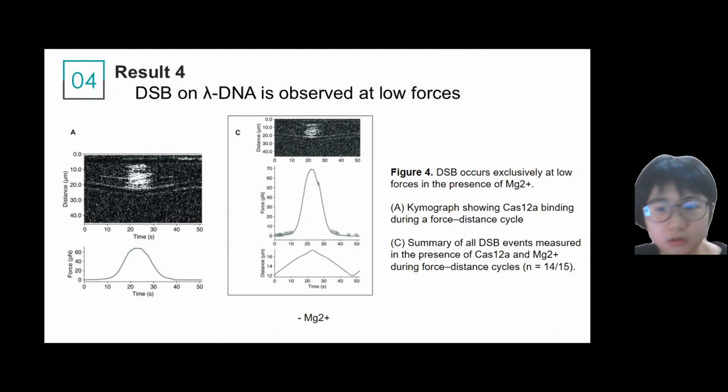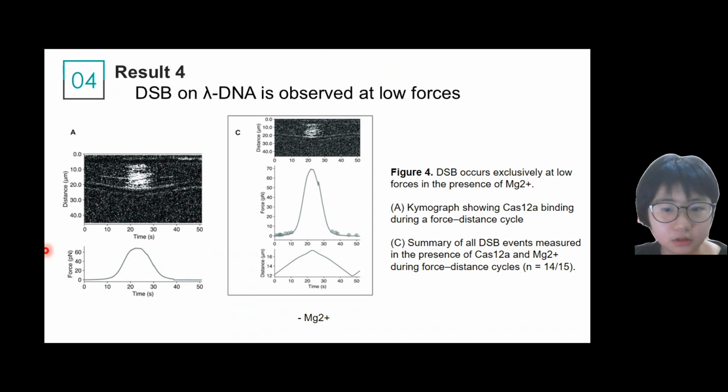Next, the fourth part. They analyze the cleavage of the Cas12 protein on lambda DNA. The tension applied to the lambda DNA was progressively increased from 0 to 60 piconewton and relaxed back in 50 seconds, for 4 cycles.